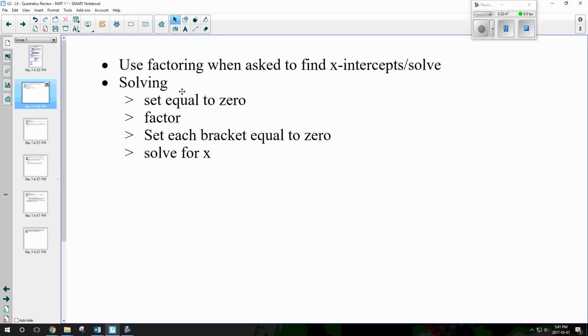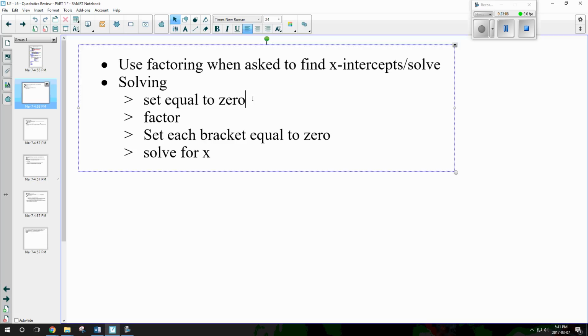So the other thing that we use factoring for, besides just factoring, was, remember, we use factoring when we're asked to find the x-intercepts, or we're asked to solve. And remember, when we're asked to solve, that just means they want us to find the x-intercepts. So remember, these are our steps to be able to solve our equations. We set our equation equal to 0.